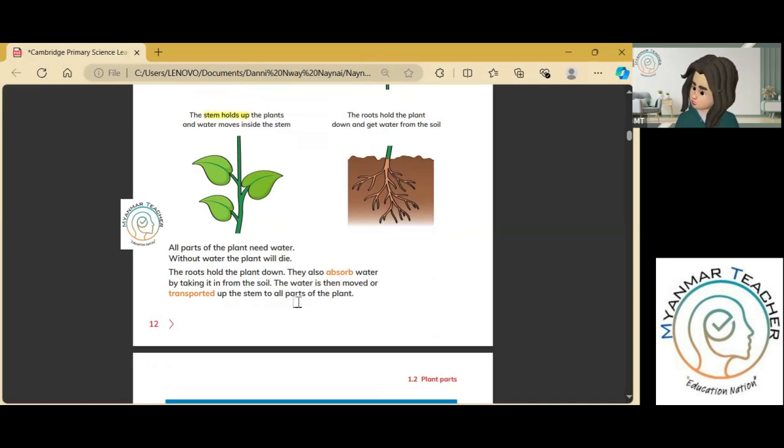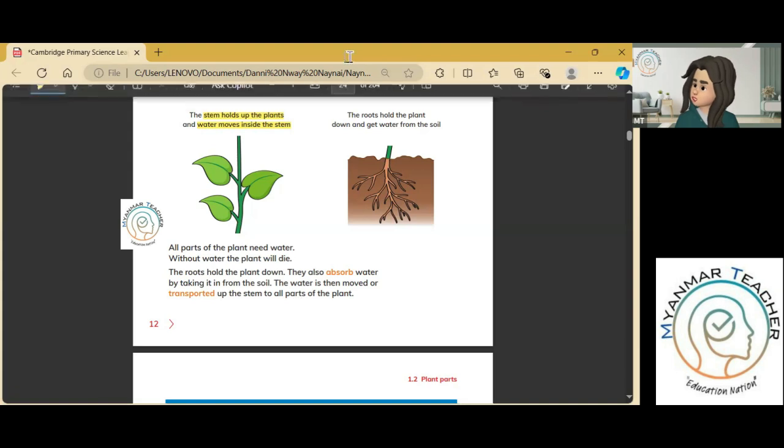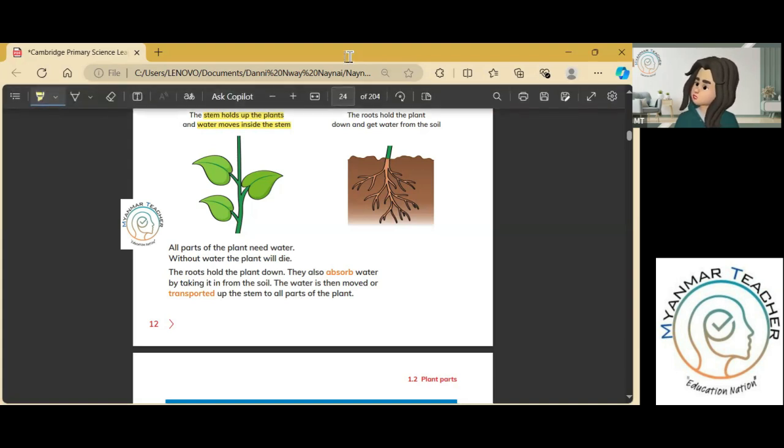The stem holds up the plant and water moves inside the stem. So that's it, because it transports water there. And then the roots hold the plant down so it doesn't come out, and get water from the soil. And also get nutrients if the soil has lots of minerals and nutrients.